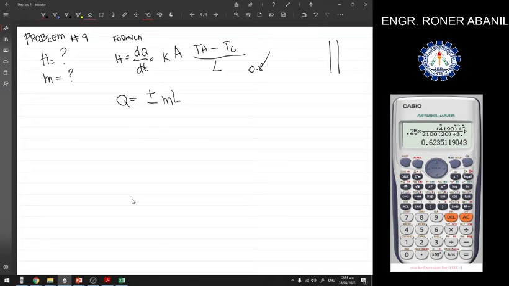Teka, para mas malinaw. Yung area, 0.8 square meter. So, yung thickness natin is 2 cm. So, pwede ko na itong i-convert ng meter para pareha sila. 0.02 meter.